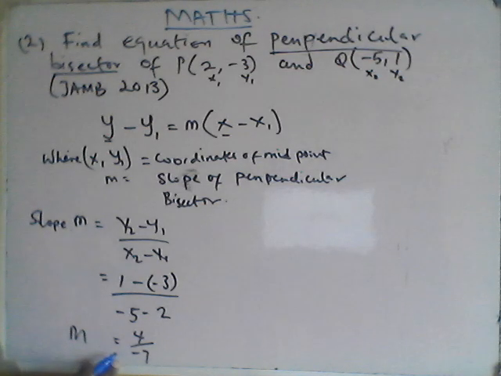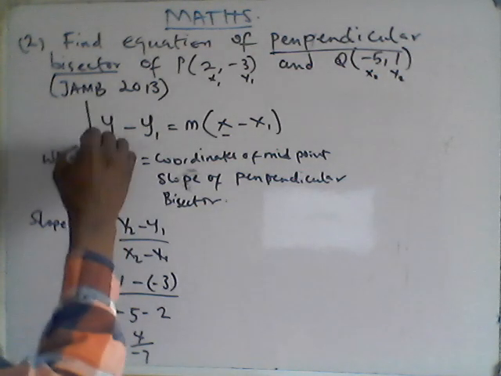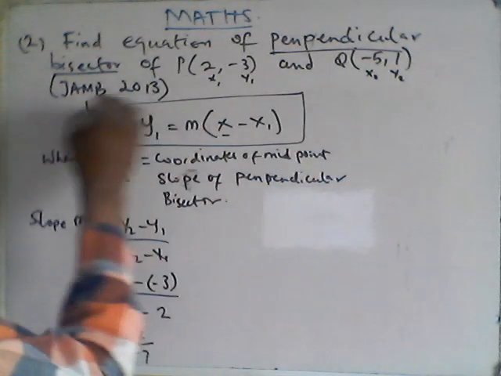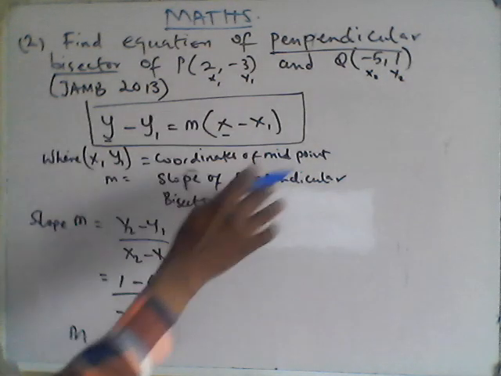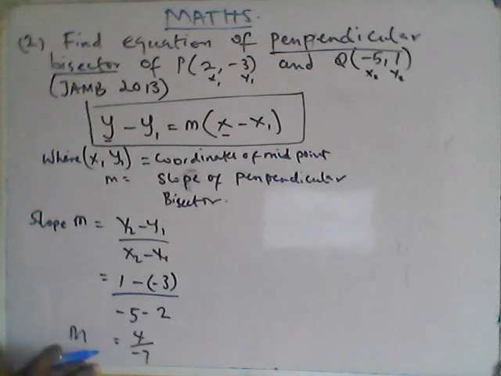But then, because in this formula we are looking at the slope of the perpendicular bisector, this is the normal slope.